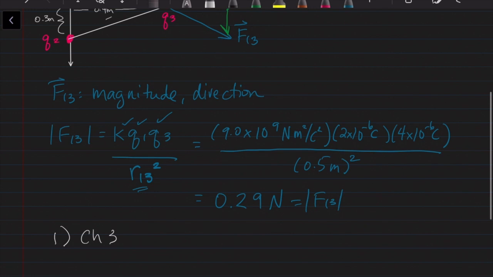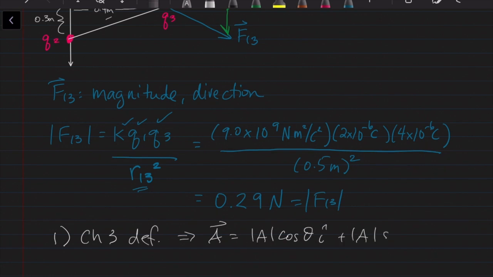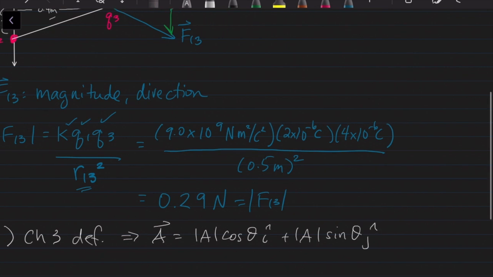chapter 3 definition of vector components, which was that an arbitrary vector A can be made up of magnitude A cosine theta i hat, magnitude A sine theta j hat. However, to use this formula, you need to be aware of how theta is defined.